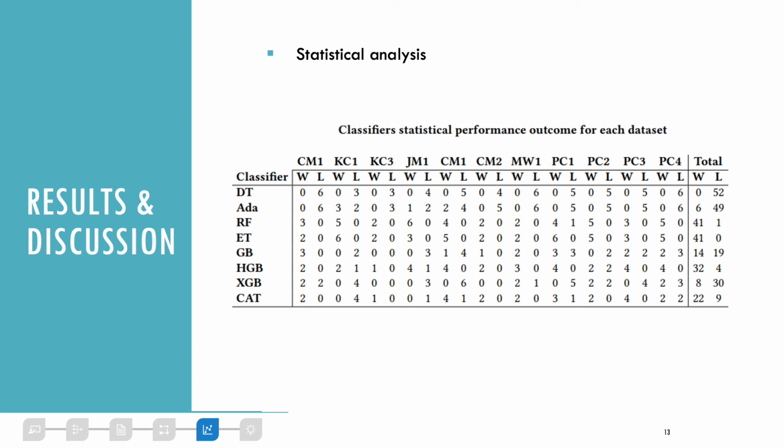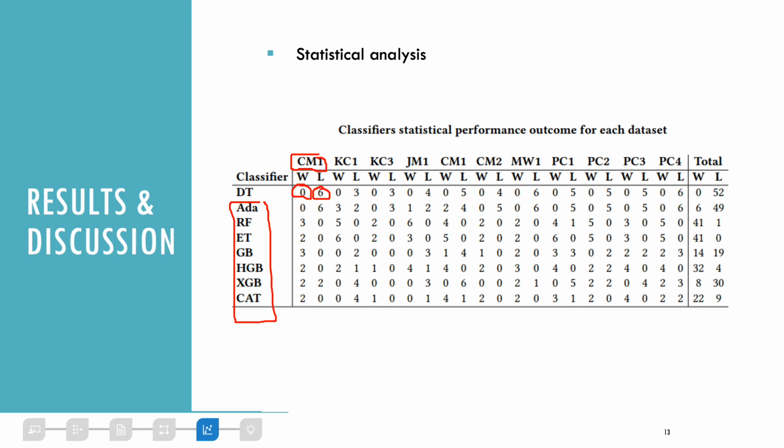We used the non-parametric Wilcoxon statistical test to test whether the differences in accuracy scores between two classifiers is significant or not. Each classifier will be compared against 7 other classifiers in the context of each defect dataset. For example, here decision trees had 6 losses and didn't win against any classifier in the context of the CM1 defect dataset.